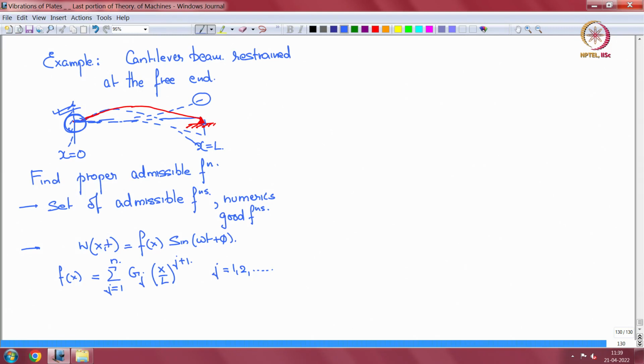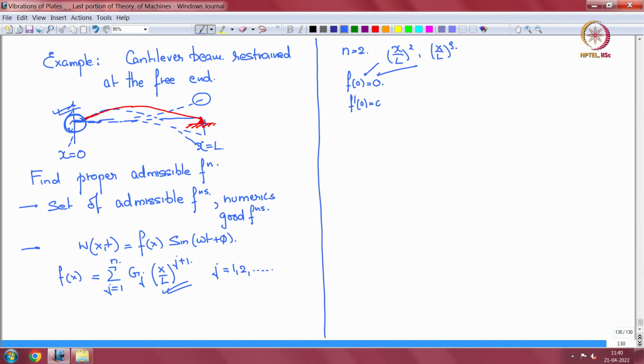So we will do a case with n equal to 2, so that you will see what I am pointing out. Here if I take n equal to 2, then my functions are (x by L) squared and (x by L) cubed. Now you can see that f at 0 is 0 with both of them, and f dash at 0 is 0 with both of them.